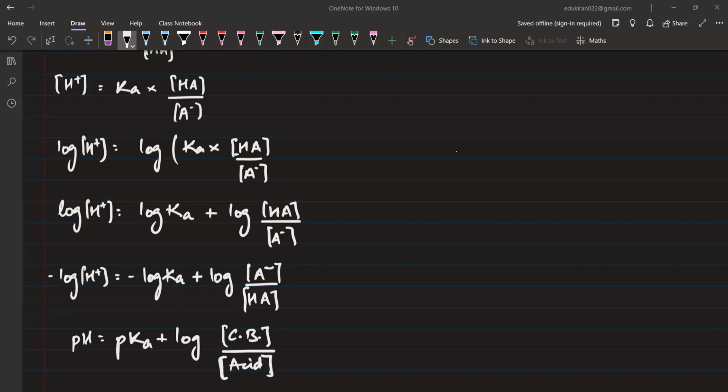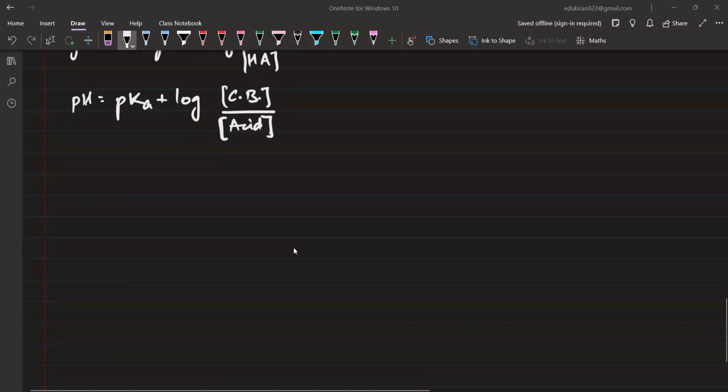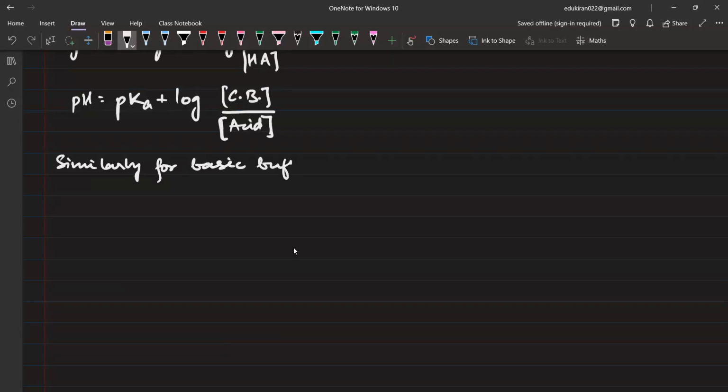चलिए, now a very similar thing we can write for the basic buffers, जिसको आप यहीं पे लिख लें. Similarly, for basic buffers, we will be completely dealing with bases, and I hope you can understand when we deal with base, then we talk about pOH.